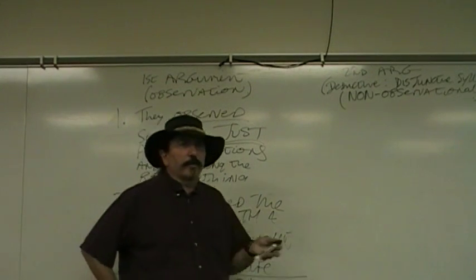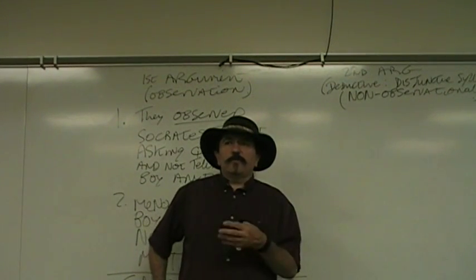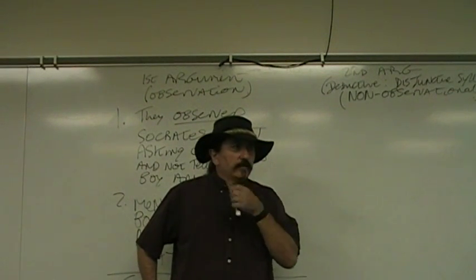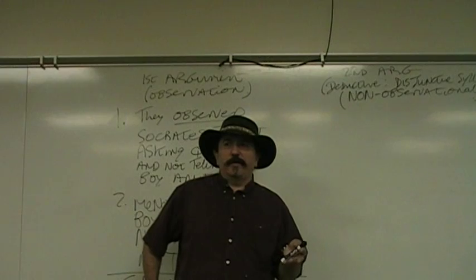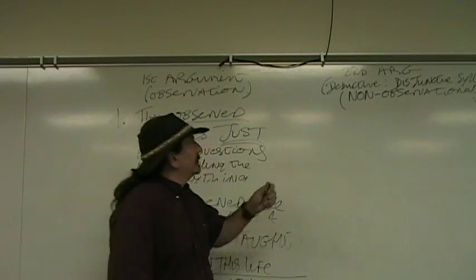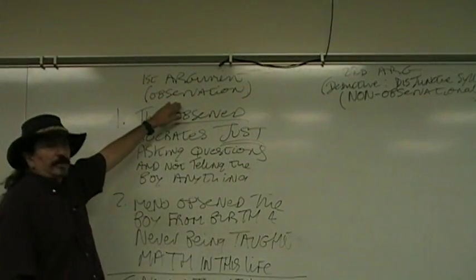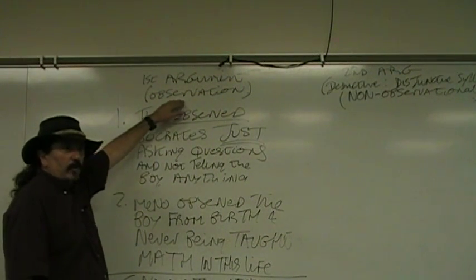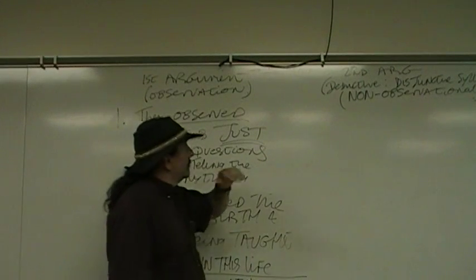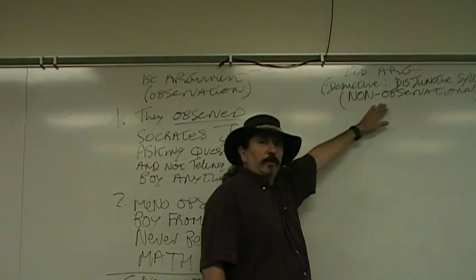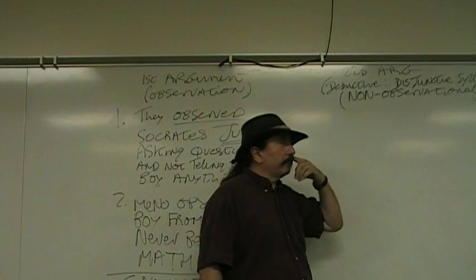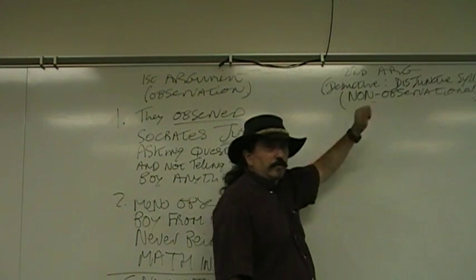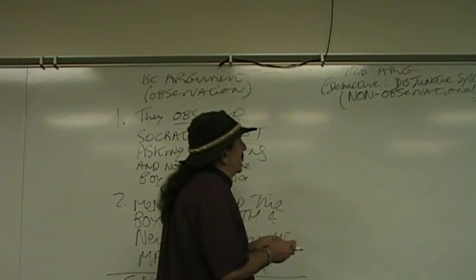They would use both kinds of arguments, but they wouldn't really notice that they were different kinds of arguments. It was only with John Locke and then later David Hume that people identified and studied this distinction between an argument based on observation and one based on non-observation, which is this kind of argument here.